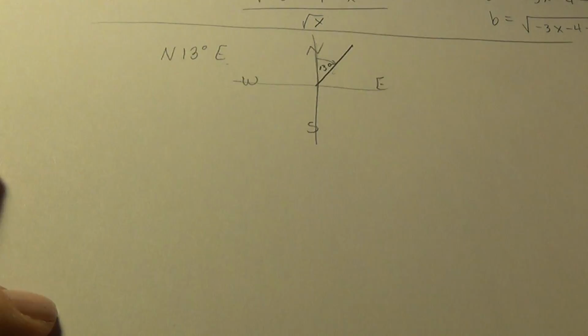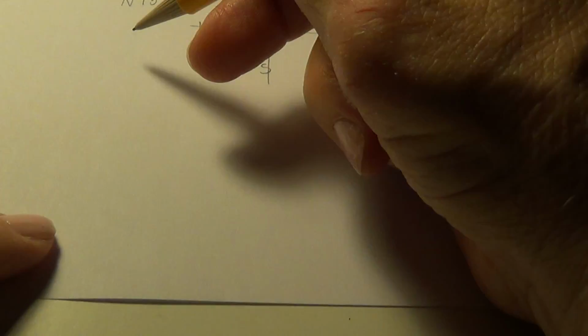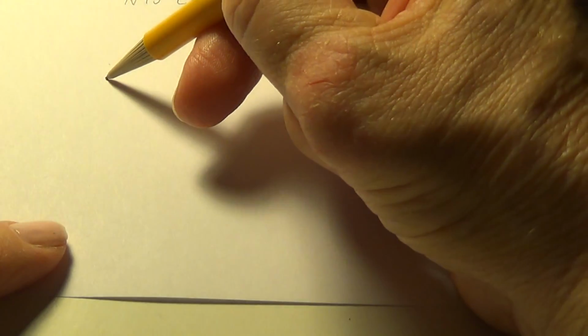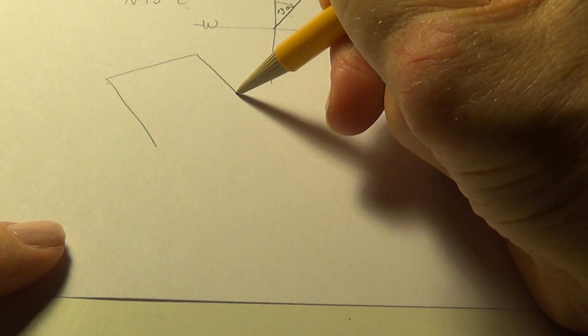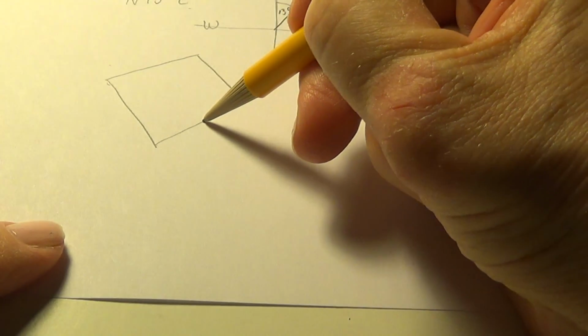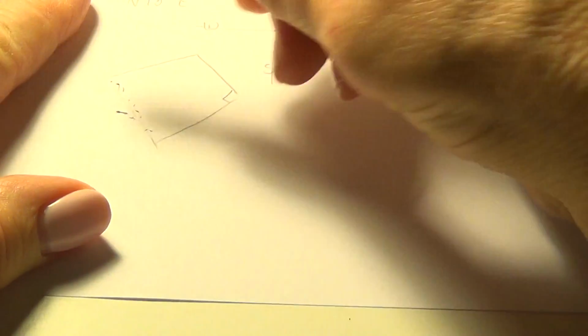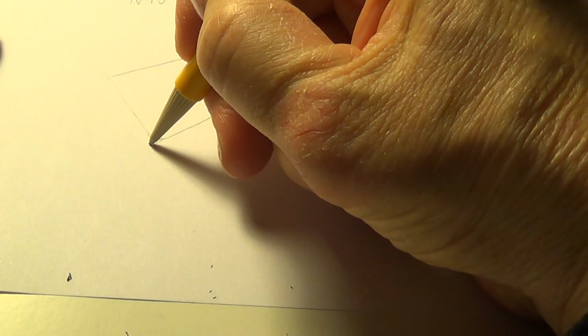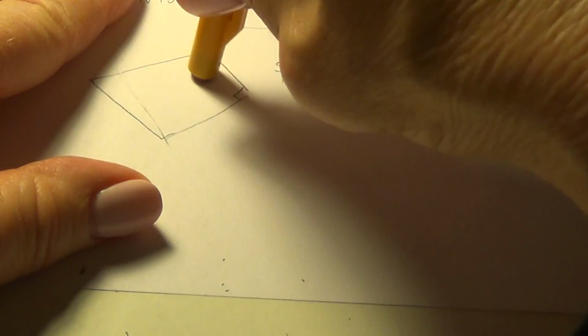So what you're going to have to do is look at a figure. Say there's a figure here. It's like a quadrilateral, and we'll say this is a right angle, but these aren't. So I'll make them look less like right angles.